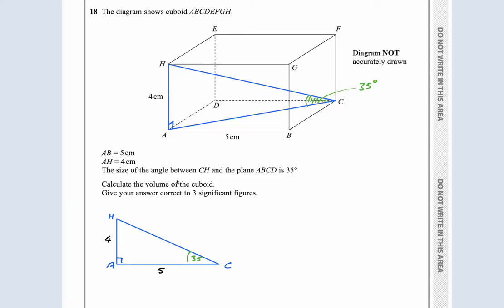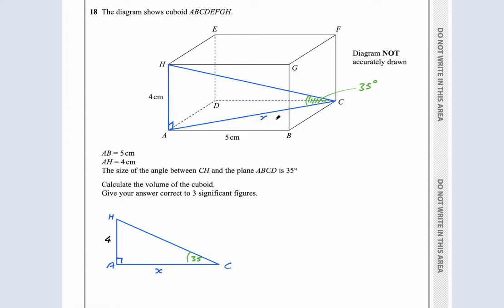Calculate the volume of the cuboid. Okay, so I hadn't even read the question, guys, but I assumed this is going to be useful. Sorry, I've done something silly. This isn't 5. It's this length here, which I don't actually know, but I'm going to find it using trigonometry. Let's call this x.